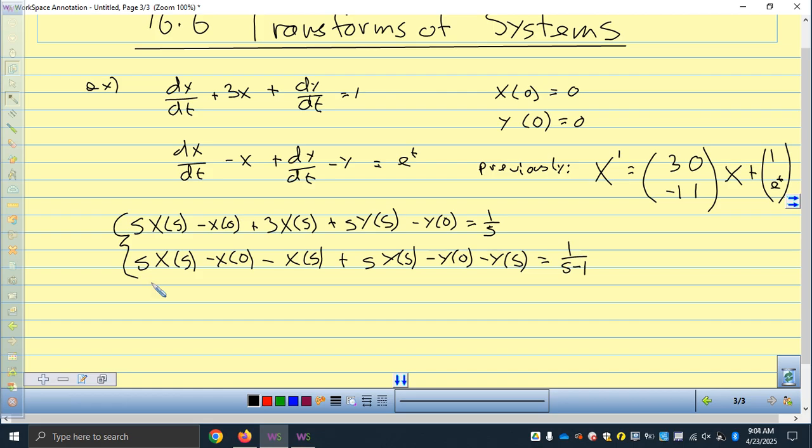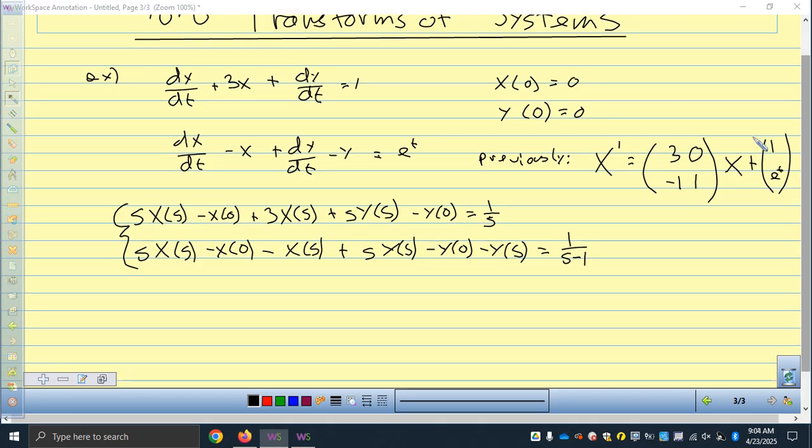So I'm going to rearrange and gather terms, and I'm happy that x of 0 and y of 0 are 0, so we don't have those to deal with.